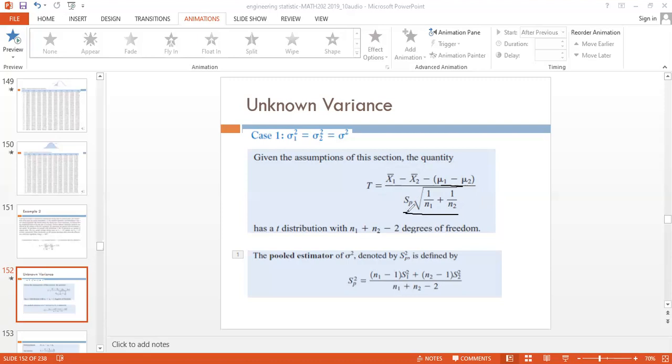So we have the pooled estimator, which is a weighted variance. So you calculate for Sp.